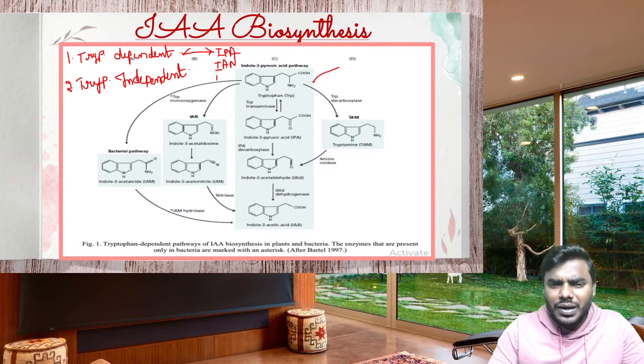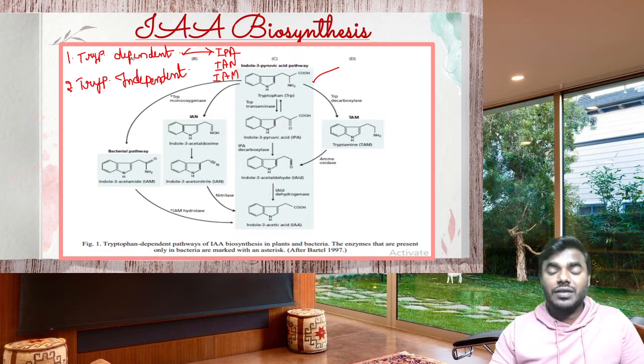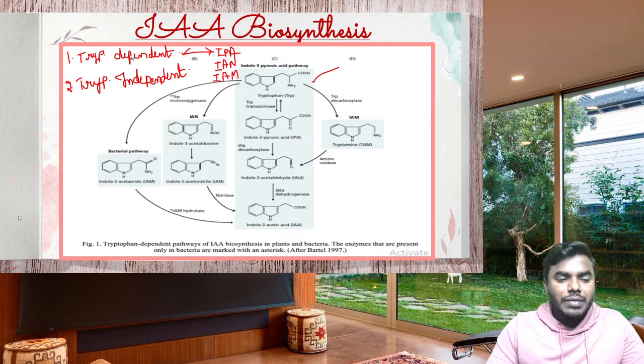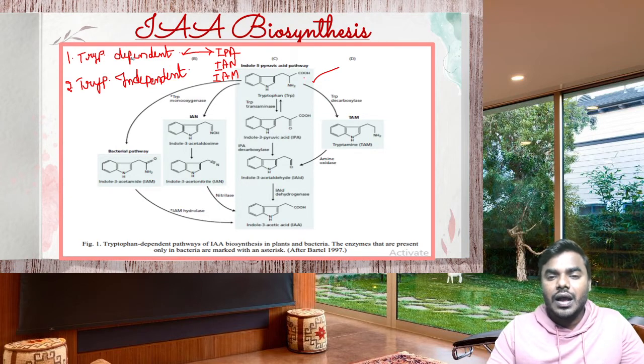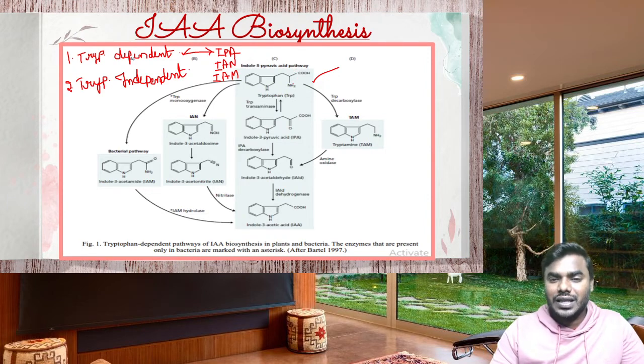You don't need to remember the IAN and IAM pathways, but I want you to majorly remember the IPA pathway. So once again, from the exam point of view, the major principal pathway used in plants is always the IPA, indole 3 pyruvic acid pathway only. Never ever forget that point.